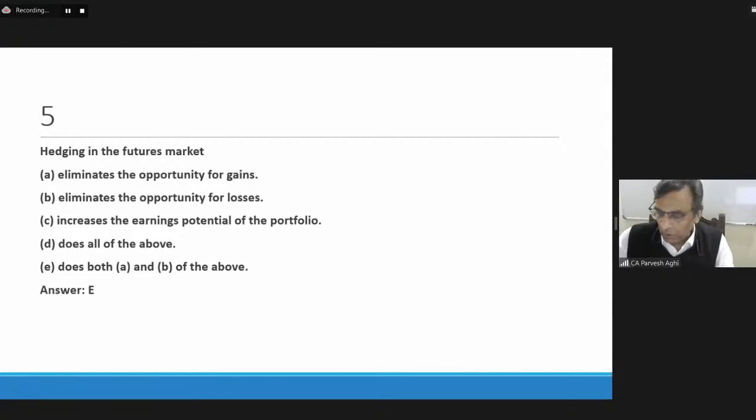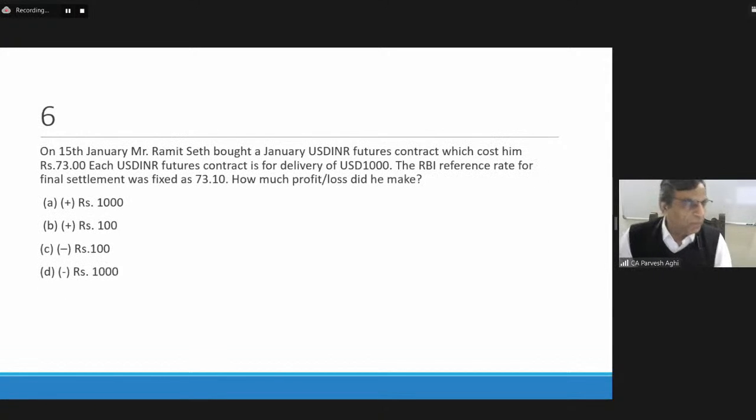Okay, so now let's look at this question. On 15 January, Mr. Ramit Seth bought a January USD INR futures contract, which cost him 73. Each USD INR futures contract is for delivery of 1000 USD, and the RBI reference rate for final settlement is 73.10.